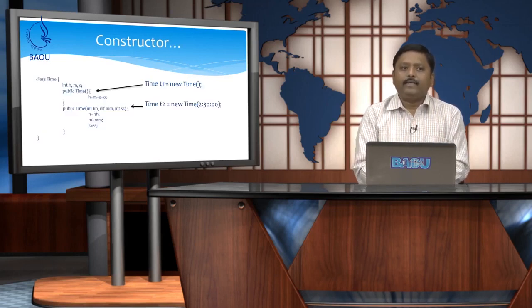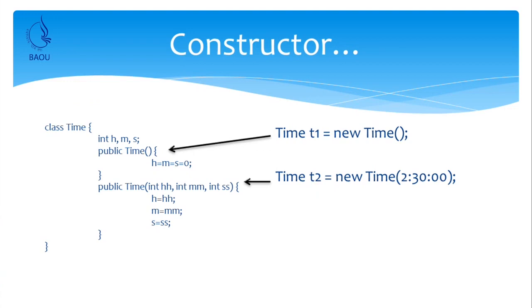Now, we take one example so that you can understand better. Here we have a class with the name Time and it has 3 instance variables, where h represents hour, m represents minutes and s represents second. And here I write down one constructor with no argument, which is also known as a default constructor.